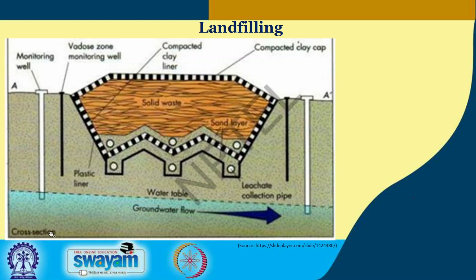We also have to have a proper monitoring system of groundwater. Before the landfill, some 1 kilometer behind it, we have to have a monitoring well, and after the landfill, we have to have a monitoring well. Both the quality we have to check, to note down any contamination, whether any contamination due to infiltration of leachate has happened or not.